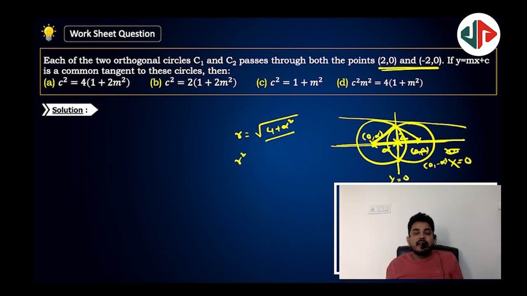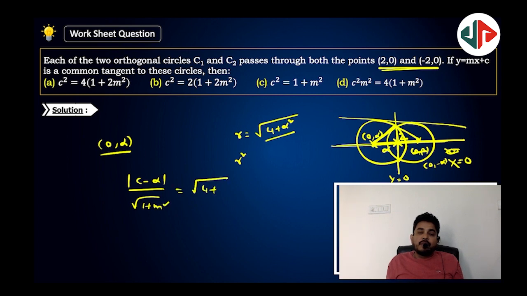Now the perpendicular distance from 0 comma alpha to this line y is equal to mx plus c is c minus alpha by root over 1 plus m square, equal to root over 4 plus alpha square. And this is r, this length, let's say. So this is 45 degrees.